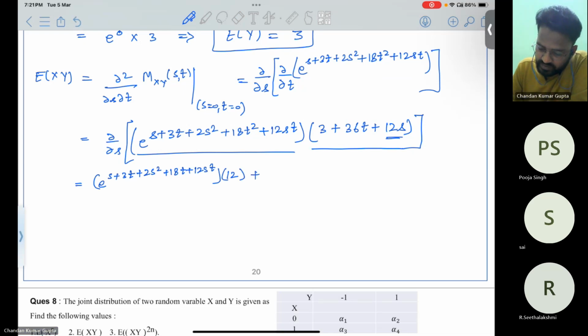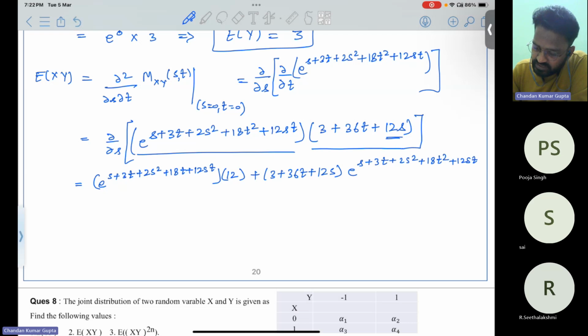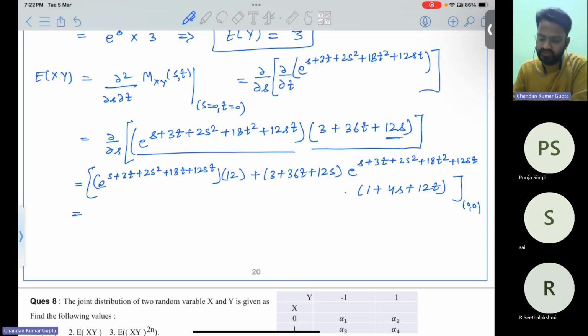plus second function times differentiation of first function, which will be e to the power s plus 3t plus 2s square plus 18t square plus 12st, into the derivative of the power term with respect to s, which comes out to be 1 plus 4s plus 12t. And then we put s and t equal to 0, 0.